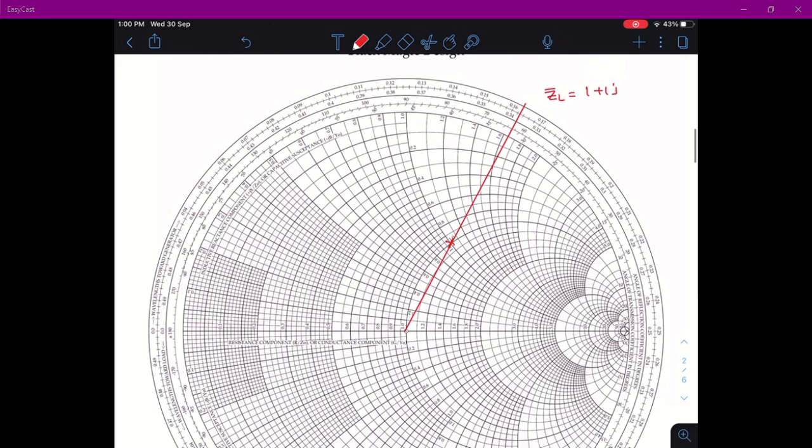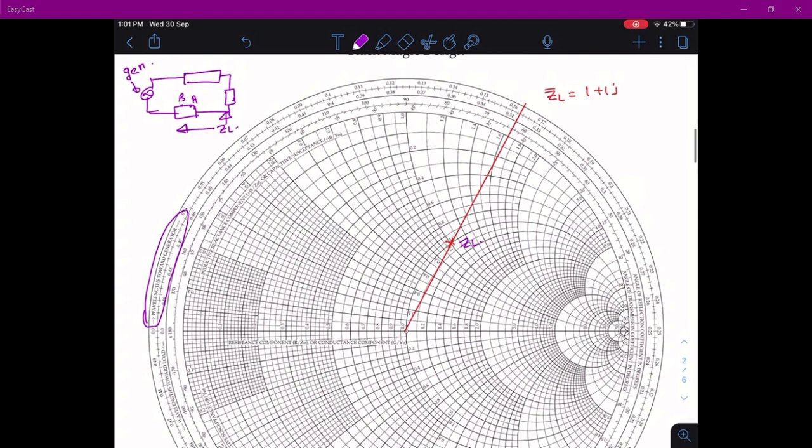Now if you look here, it says wavelengths towards generator. Now this is the load. So in the transmission line, you are here, which is the load, and this is the generator, and you want to move towards the generator because your A point is somewhere here, B is here, and so on.